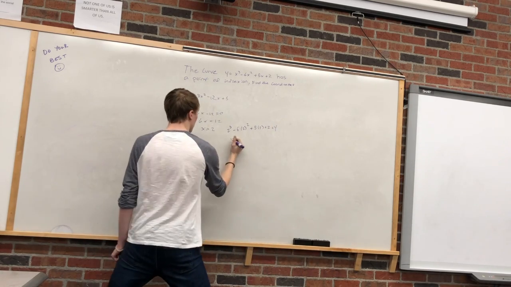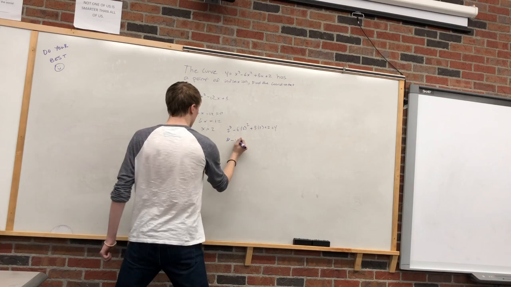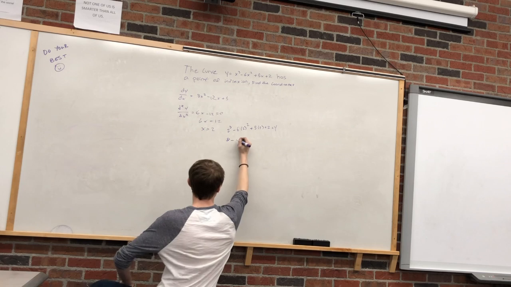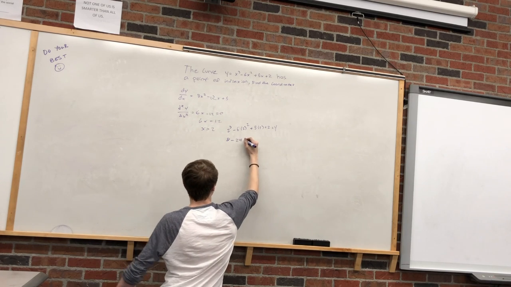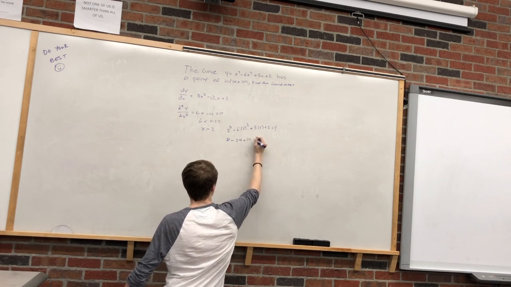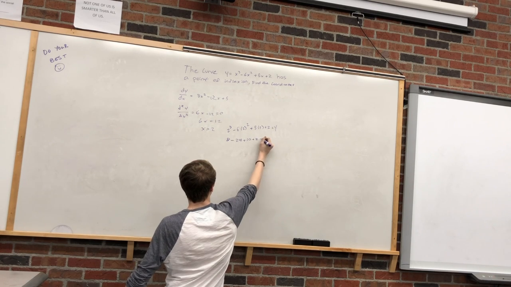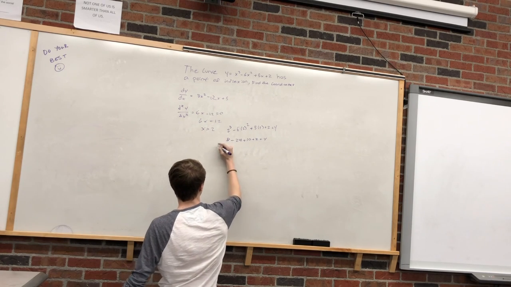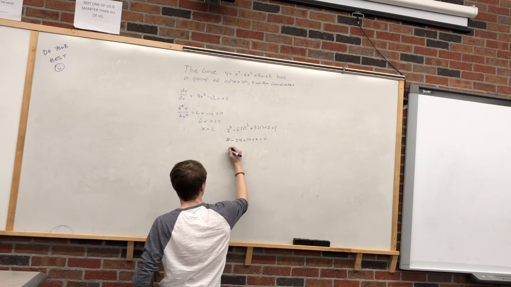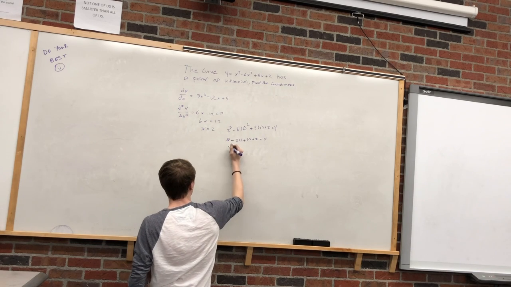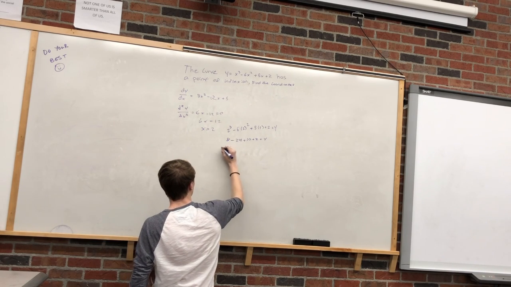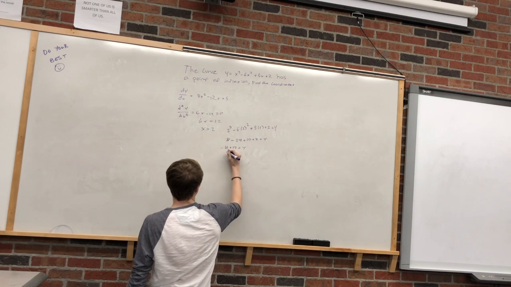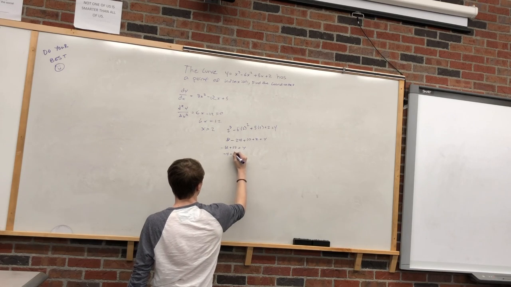So this is 8 minus 24 plus 10 plus 2 is equal to y. We simplify, 8 minus 24 is negative 16, plus 12 is equal to y, and then we have negative 4 is equal to y.